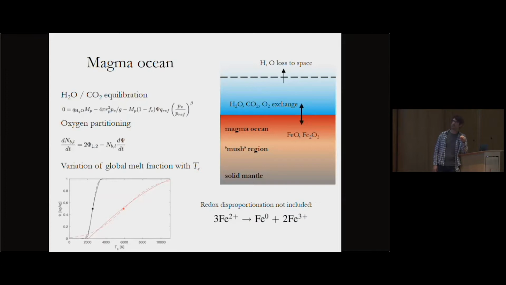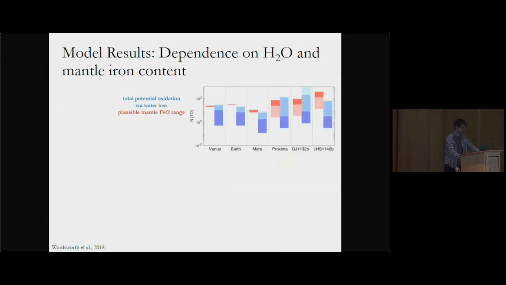There's oxygen partitioning that goes with reaction with these iron species. One caveat of what we did is that we did not include redox disproportionation. I think this is an important thing, and it would be interesting to include it in more detail in future studies. But that will likely require much better experimental data to constrain this process better.